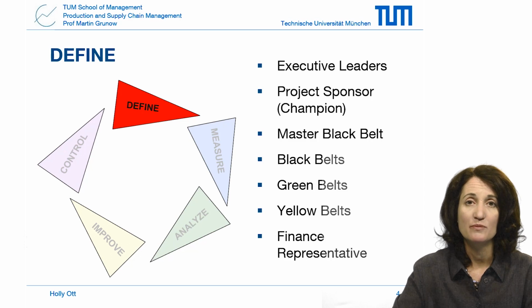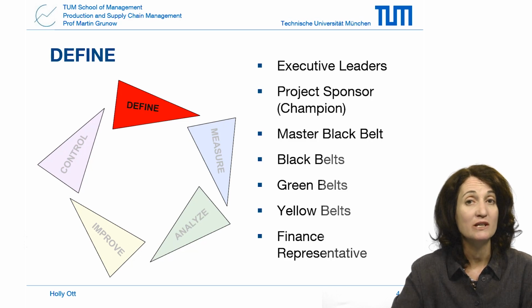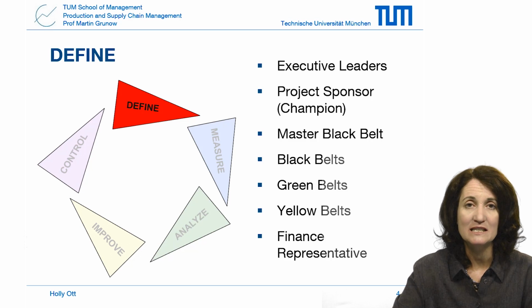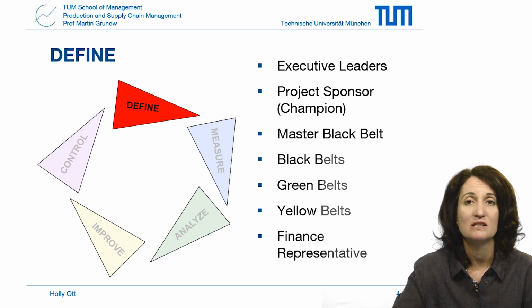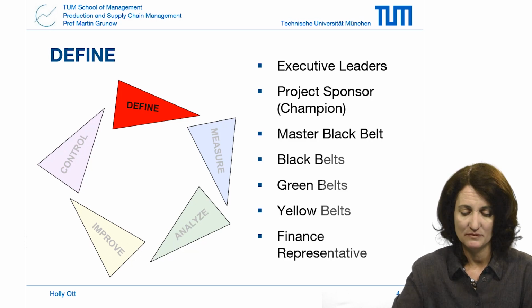Black belts are people that are experts on Six Sigma tools. They work full-time on Six Sigma projects. They train the green belts, lead teams, and provide assistance with Six Sigma tools, for example, the different improvement methods, diagnostic tools, and statistical methods.